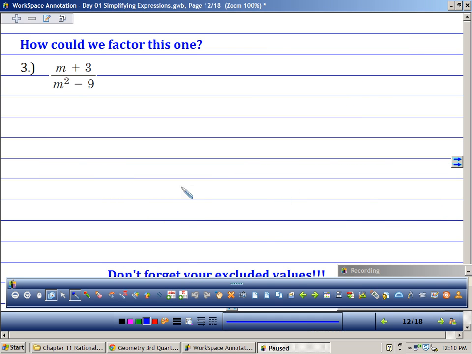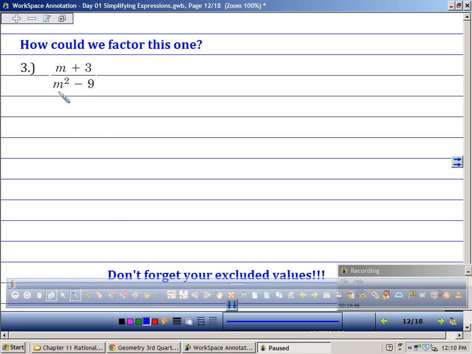Okay, let's look at this one. Something should jump out at you, right, Aldrin? What do we call that? That's the difference of 2 squares. So let's factor it. So I've got the quantity m plus 3 in the numerator, and I can factor m squared minus 9.